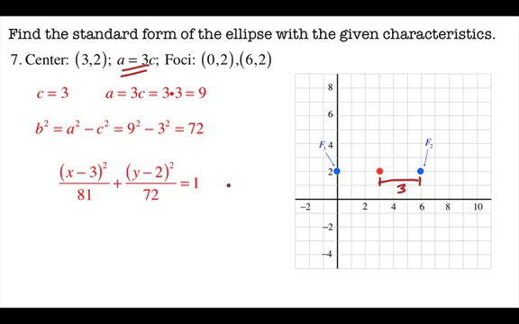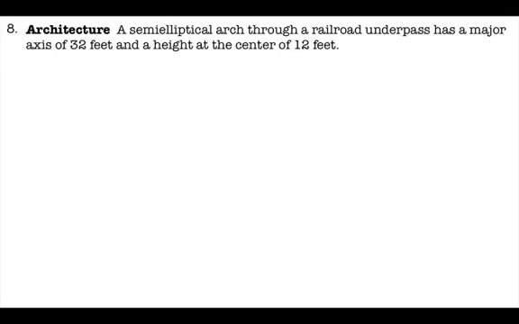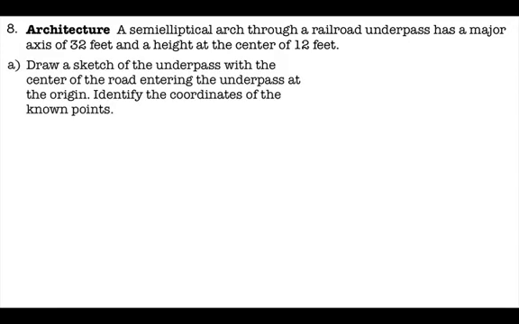Let's move on to the last problem, number 8, which is a word problem. Follow along. A semi-elliptical arc through a railroad underpass has a major axis of 32 feet and a height at the center of 12 feet. Draw a sketch of the underpass with the center of the road entering the underpass at the origin.